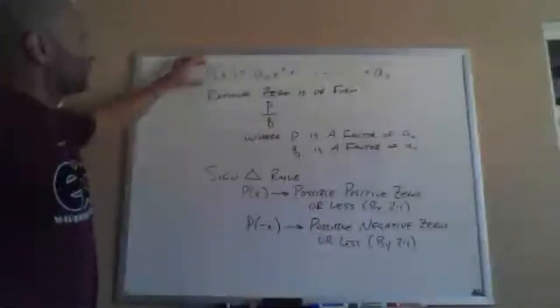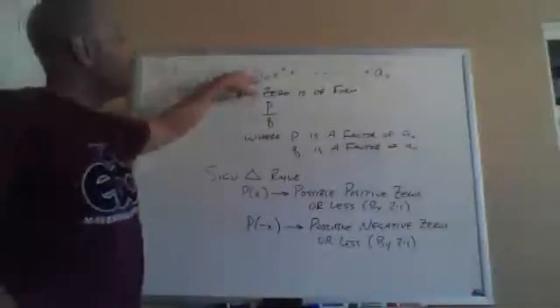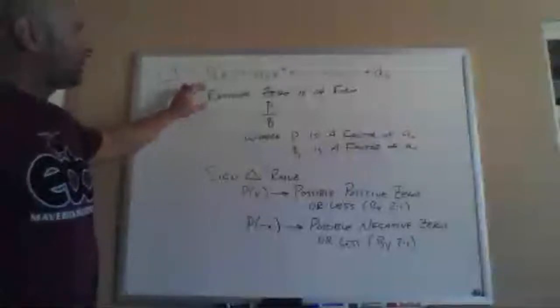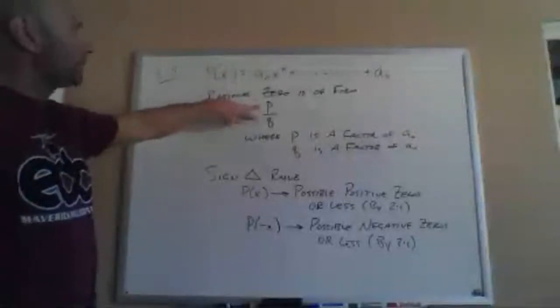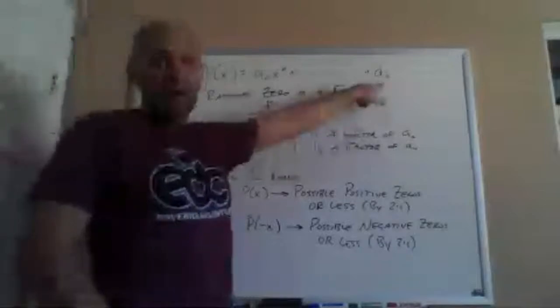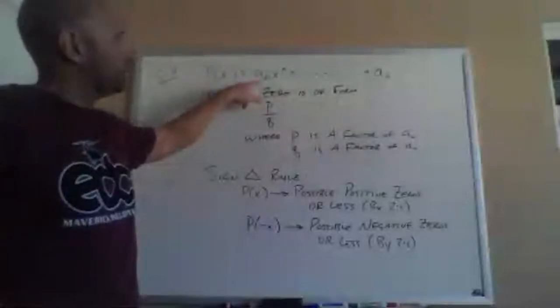So just a quick review from 3.4. If we have this polynomial, of the form a_n x to the n plus a bunch of other stuff plus a_0 at the end, all of the rational zeros have the form p over q, where p is a factor of the constant a_0 and q is a factor of the leading coefficient, a sub n.